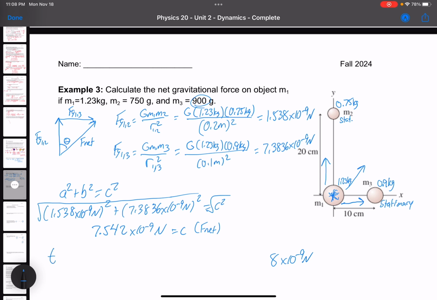So I can do tan theta, opposite over adjacent. When I look at how my diagram is drawn, I have the opposite as the force of gravity between 1 and 3. So I can check back on my work because it's all organized. And divide by this one.